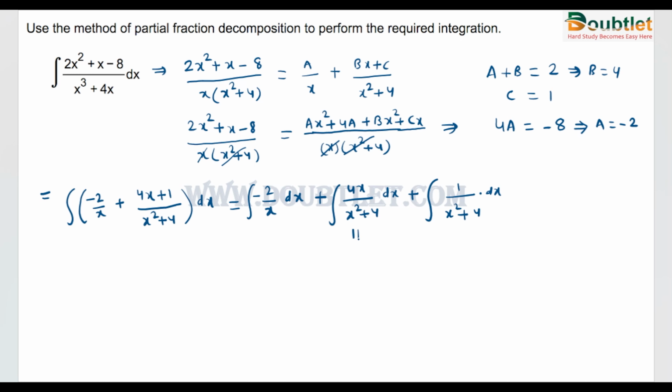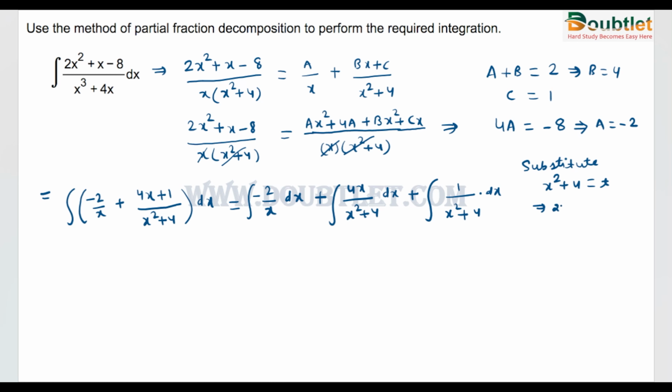So what we will do is substitute x square plus 4 equal to t.